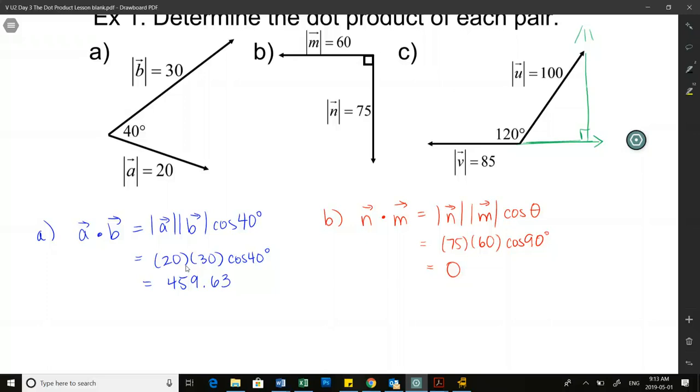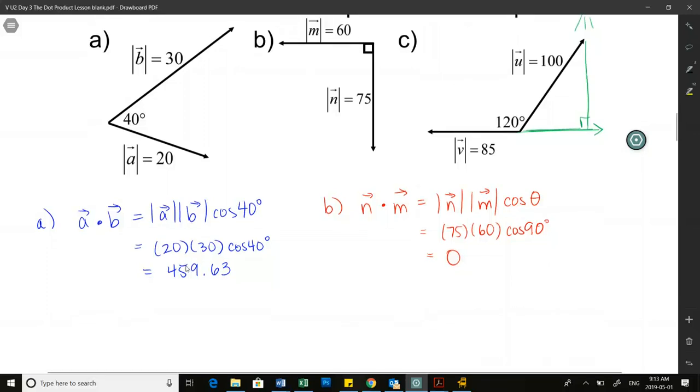In fact, they're working in opposite directions. So are they strengthening one another or are they weakening one another if they're working in opposite directions? Okay, so I would expect that my scalar from this, if they're getting weakened, will end up being negative in this case. Yes, and cos of 120 is negative, so that should make sense.